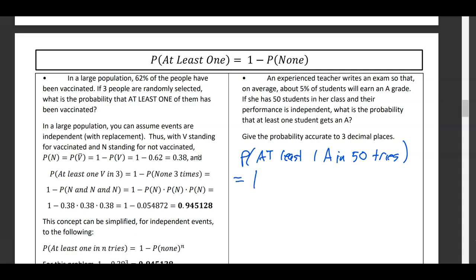So this is equal to 1 minus the probability of no A's 50 times in a row. It's not likely.